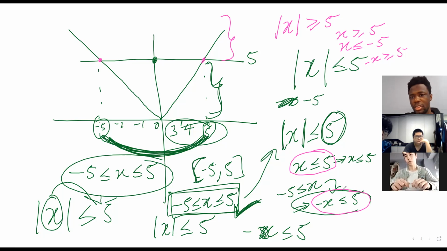But here, either your x is greater than 5 or your x is less than or equal to minus 5. If you apply the negation, you can still maintain that direction.